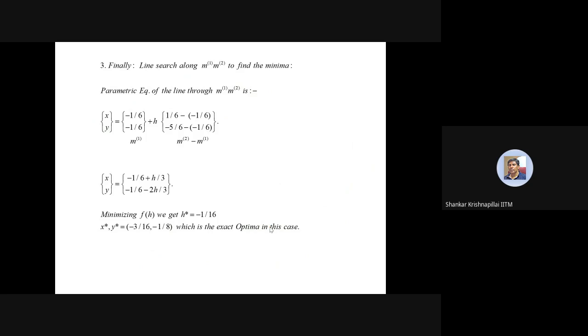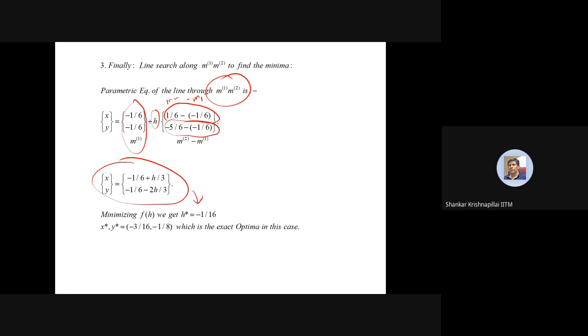So the parametric equation of the line joining m1 and m2 is: the starting point plus h into m2 minus m1.